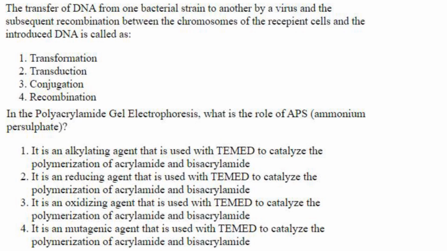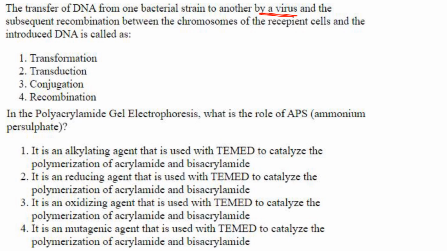The transfer of DNA from one bacterial strain to another by virus, that is important, and the subsequent recombination between the chromosomes of the recipient cell and the introduced DNA. Okay. Your key word here is by a virus.